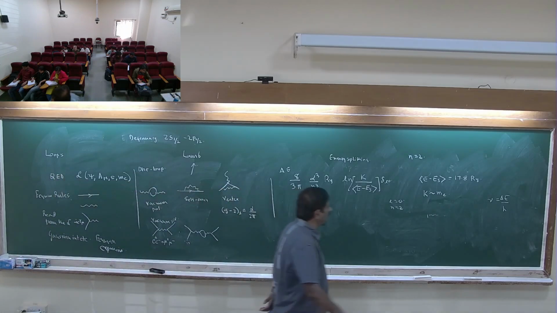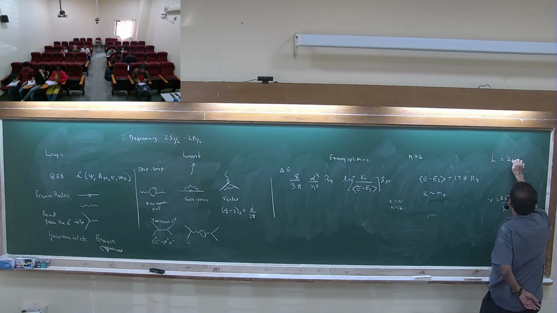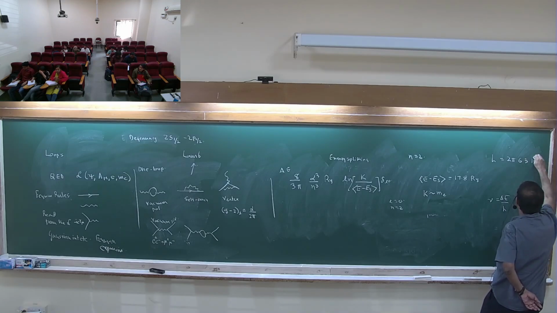So we know what H is. H is 2 pi times 6.5 times 10 to the minus 16 eV second. Okay.